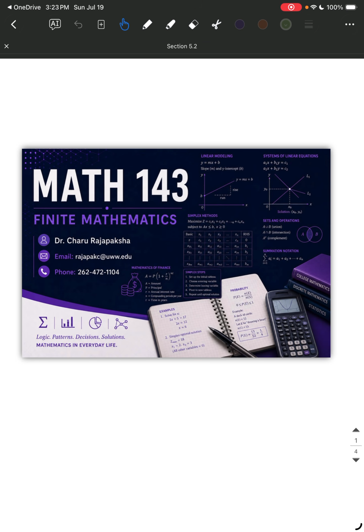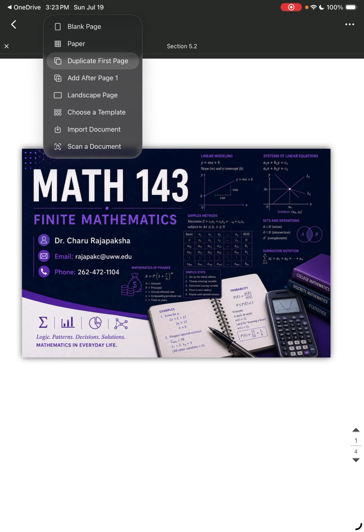Okay, let's begin with the definition. First of all, what is an annuity? An annuity is a sequence of equal payments made at regular time intervals.